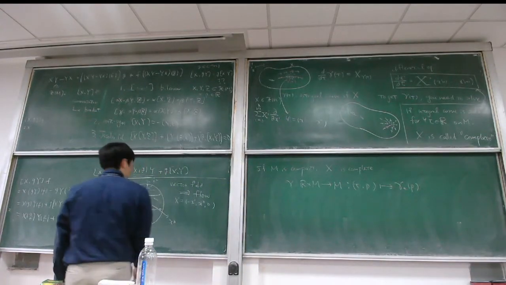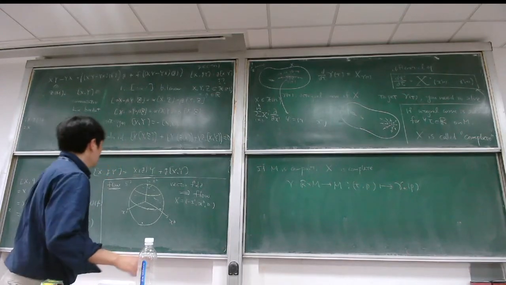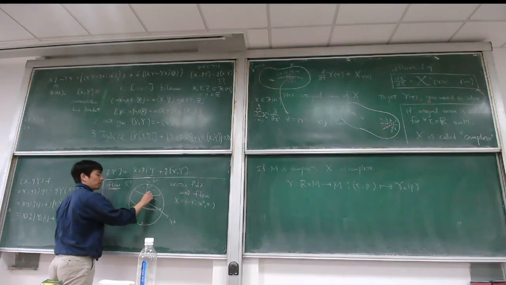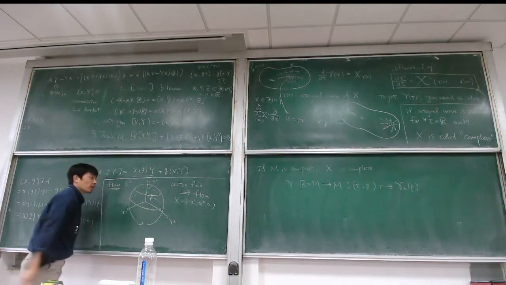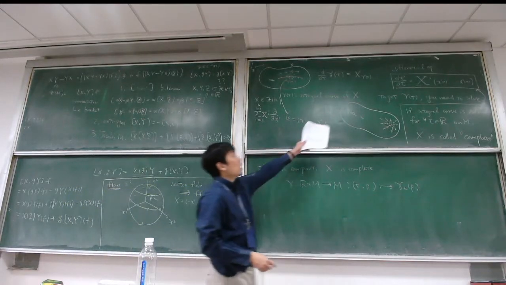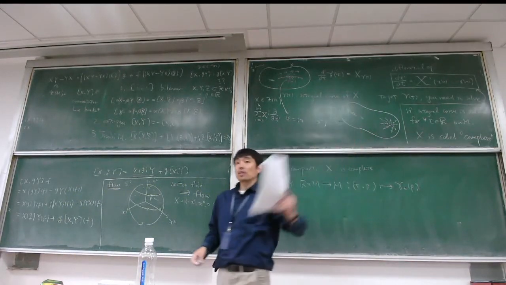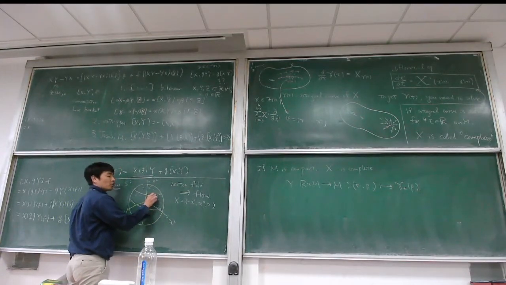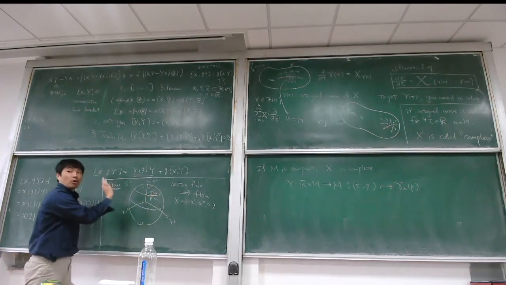So let's look at this example. You start with point P here, whatever point P here. So you can solve this linear differential equation, and that flow created this rotation, gamma of t of P. And t is a rotational angle. Okay?